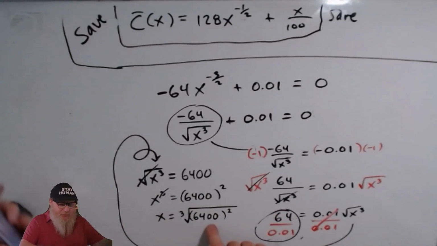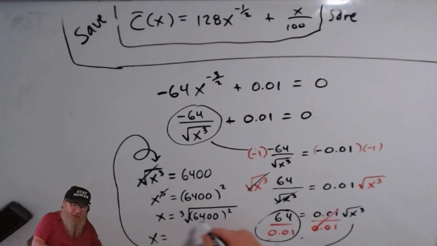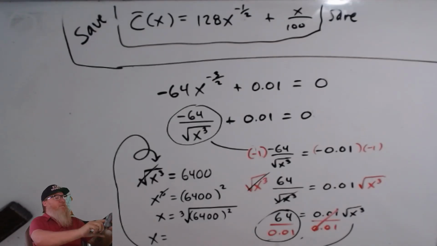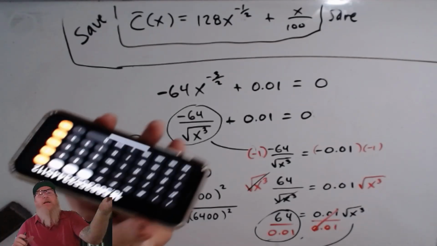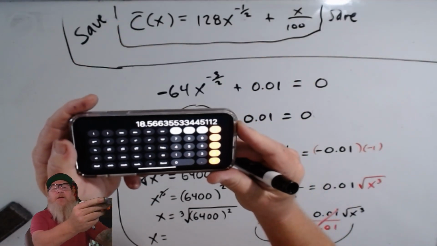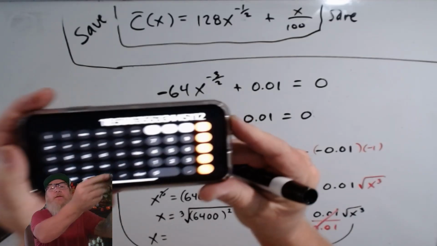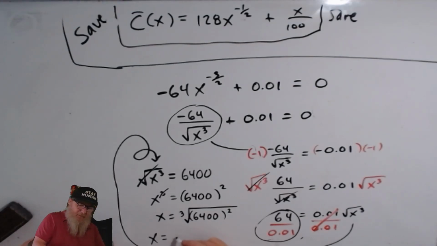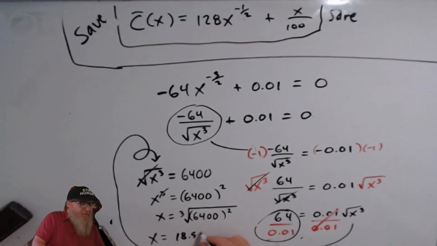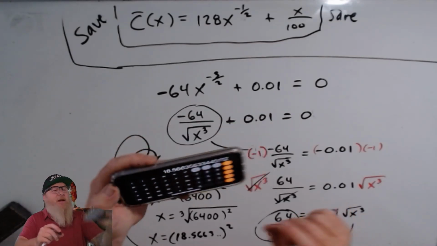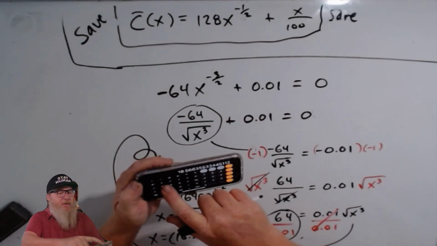If you don't believe me, try it. So first do the cube root of 6,400. You get this big ugly decimal, 18.5656, whatever, 5663, blah, blah. And then square that. I'm just going to keep that on my calculator and hit my squared button.